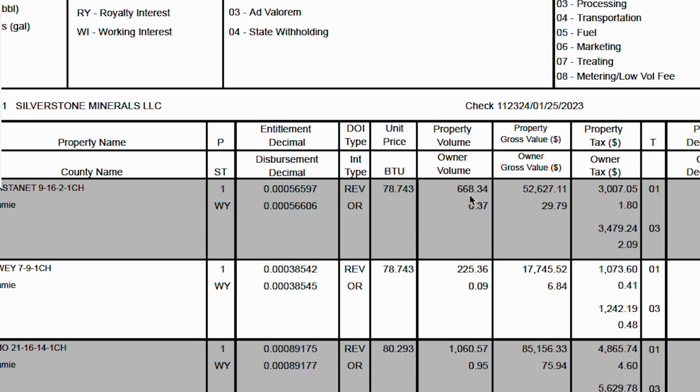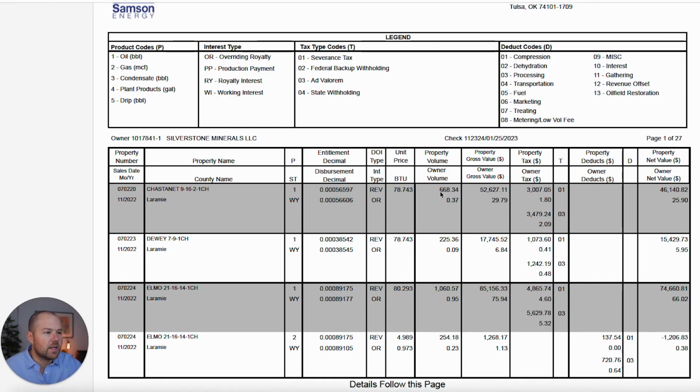Total, gross, right? And what you can see is that this is my volume of oil, right? So my share of that 668 barrels was 0.37 barrels. And so how do we arrive at that, right? What you're going to do is you take the gross volume, 668, multiply it times your decimal interest, and that's going to give you your net volume.